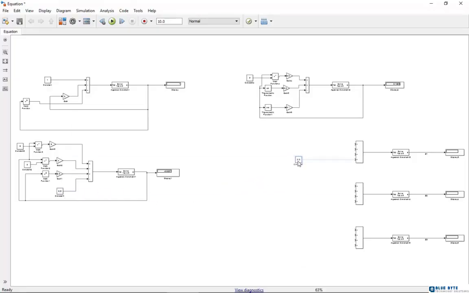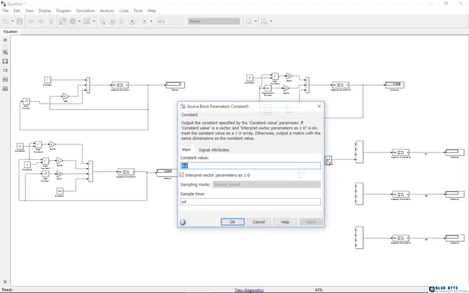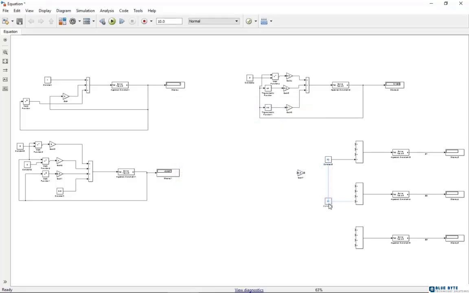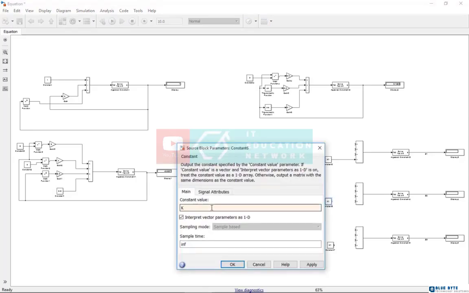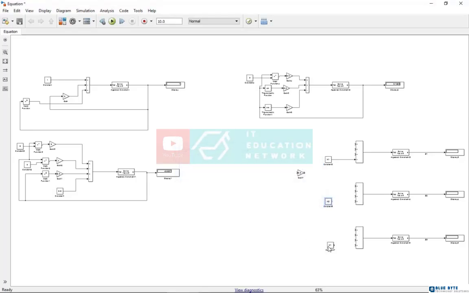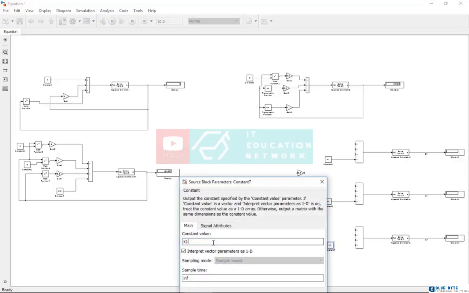So I add a constant for k and blocks for the gains. This is the k1, k2, and here the k3.